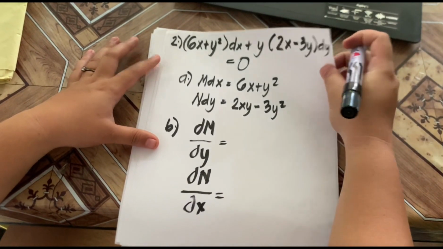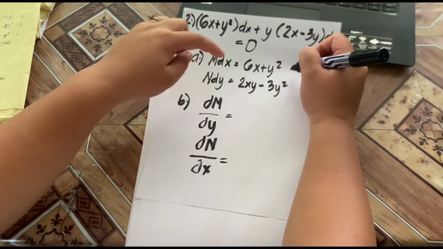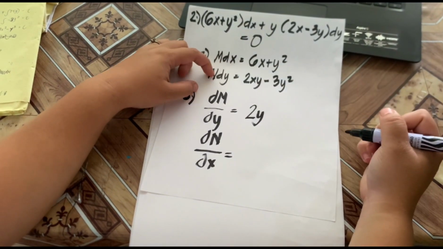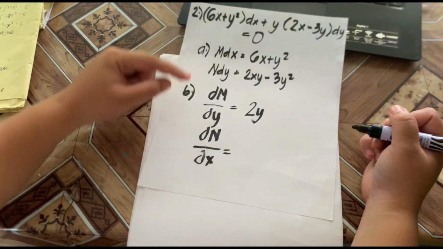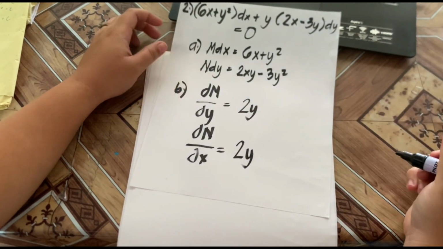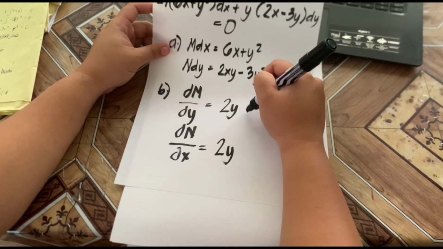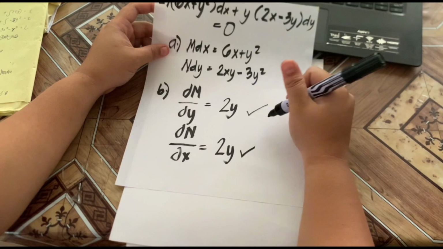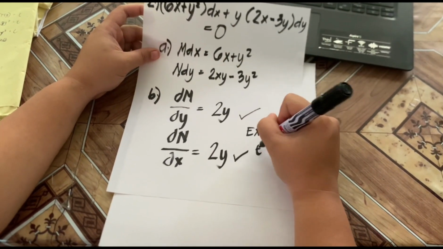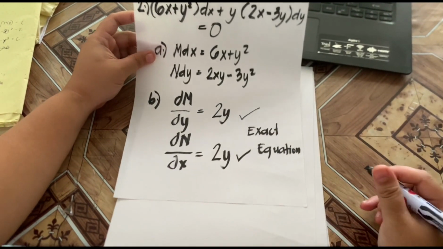Now, for this one, in terms of y, we have 2y as our partial derivative, while for this one, on N dy, we also have 2y as our partial derivative. Since they have the same value, we can say that this equation is an exact equation. So we can now find the general solution.